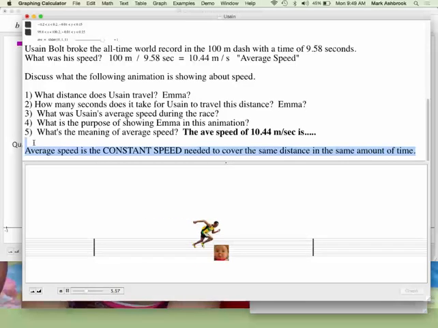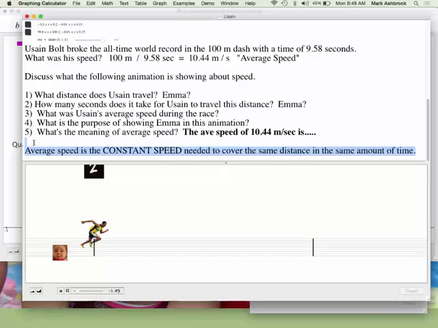When you do this delta D over delta T, you just get one number. That has to be a constant speed then, covering 10.44 meters every second. But we know he didn't run at a constant speed. So it must be like his average speed is the constant speed of another runner who runs the same distance in the same time. That's going to be our meaning for average speed. It's not adding up a bunch of speeds and dividing by the number of speeds. It's an equivalent constant speed to achieve the same distance in the same time.